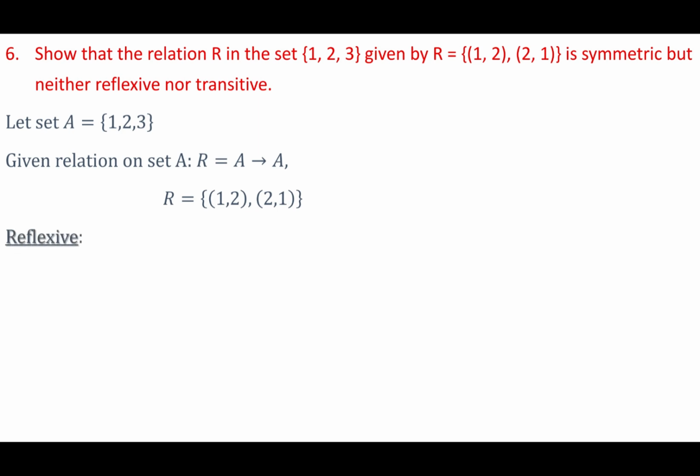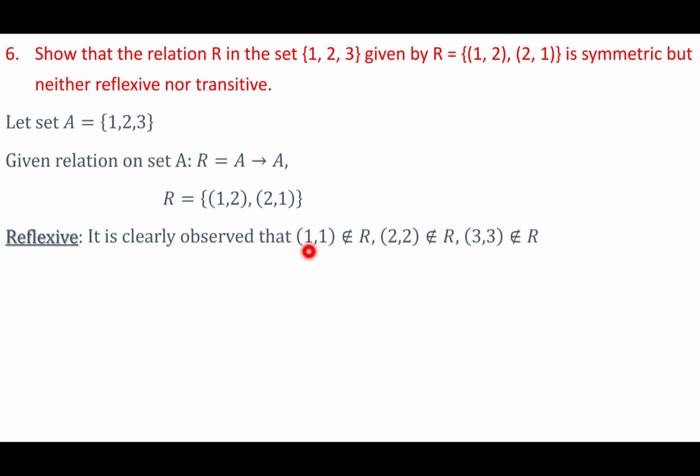Now check reflexive. It is clearly observed that (1, 1) does not belong to R, (2, 2) does not belong to R, (3, 3) does not belong to R. Ordered pairs with identical elements must belong to the relation, then only it is reflexive. But in this relation, I don't have any pair like this. So it is not reflexive.